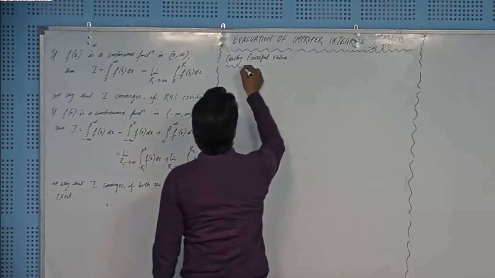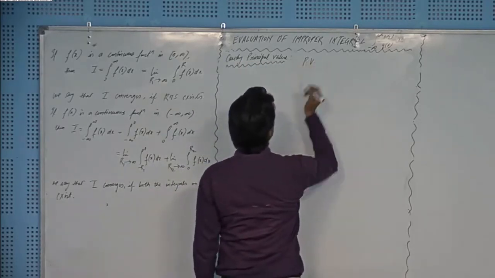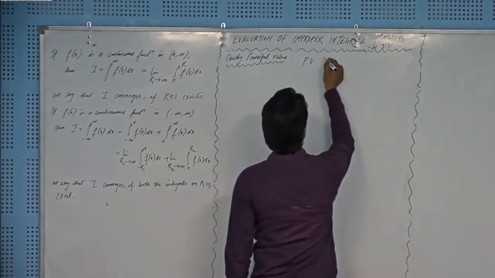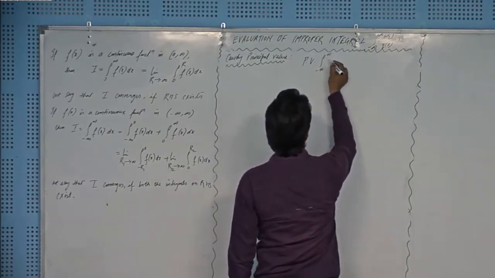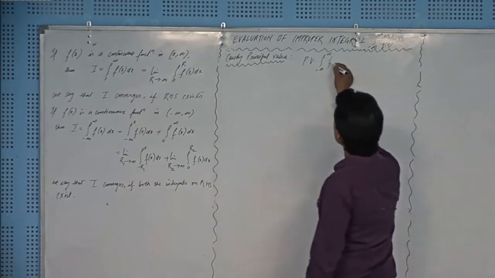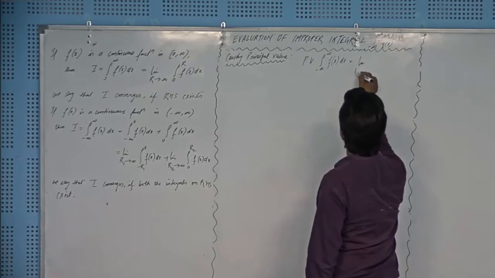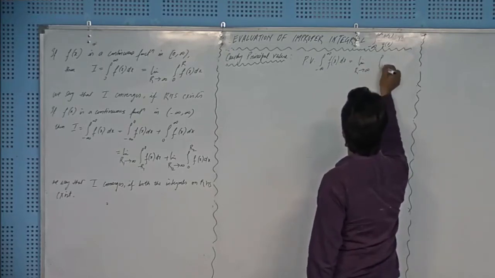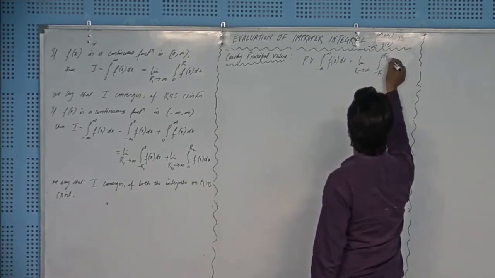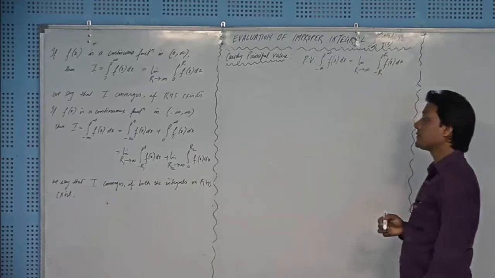So it is defined as: we write PV, principal value of the integral with the limits from minus infinity to plus infinity f(x) dx, equal to limit capital R tends to infinity, minus R to capital R f(x) dx, right?